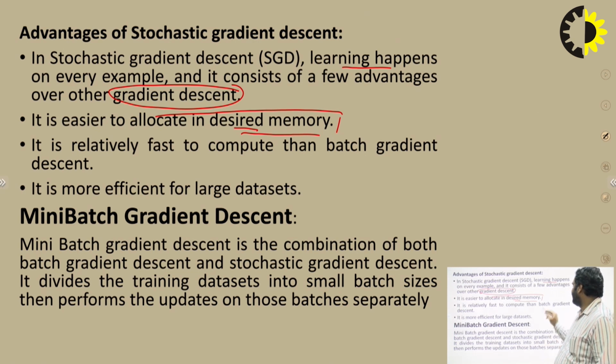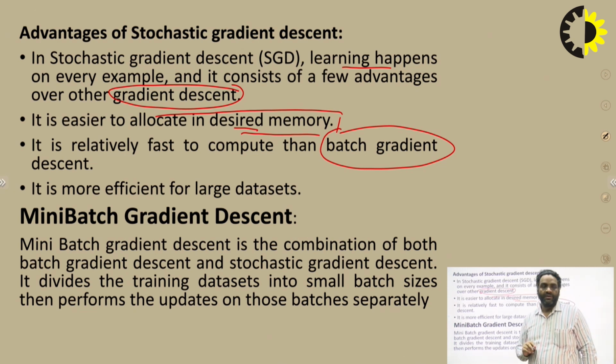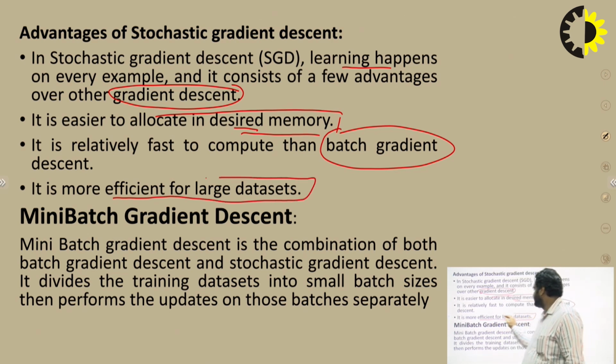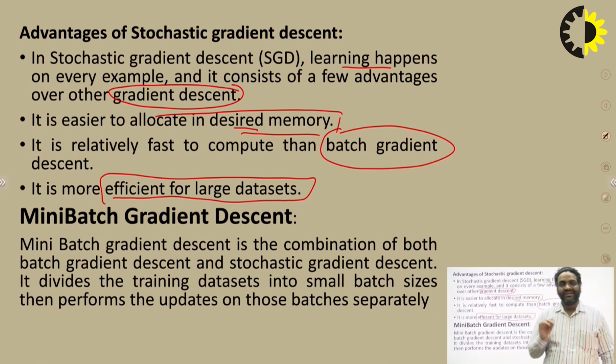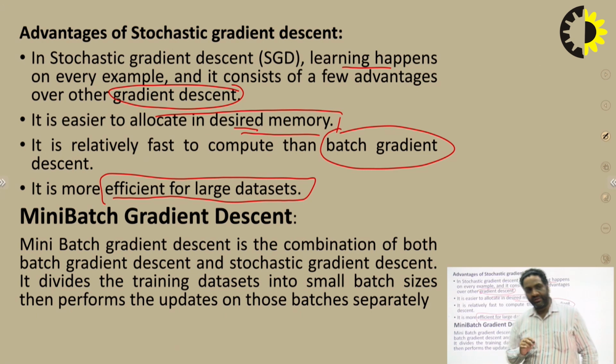As compared to batch gradient, it is much faster. And last, it is more efficient for large data sets. As I already told you, gradient descent is not efficient for large data sets. If we talk about all three types, this will be the most efficient for large data sets. So this is the primary advantage of stochastic gradient descent.